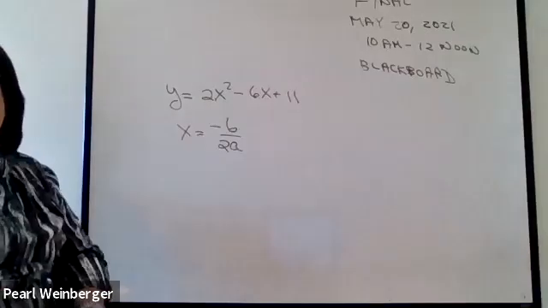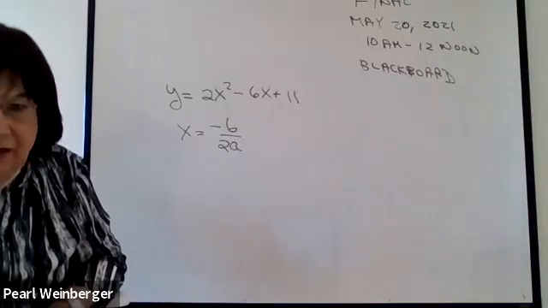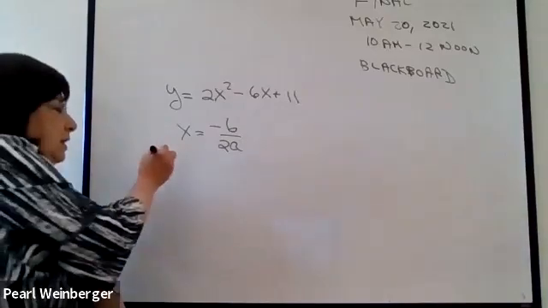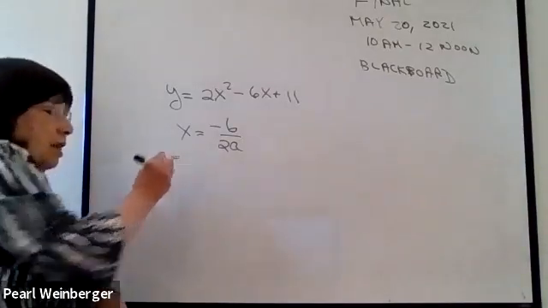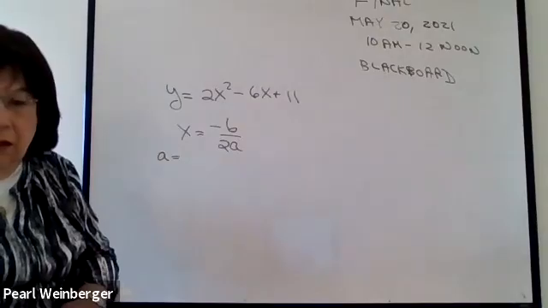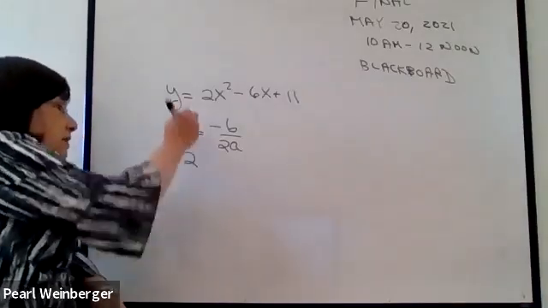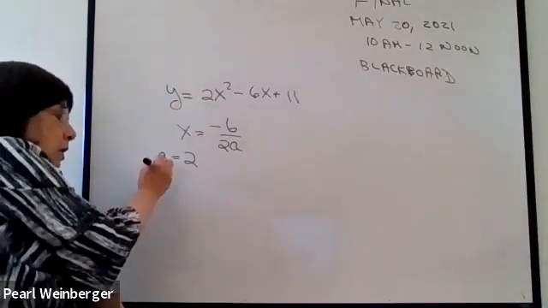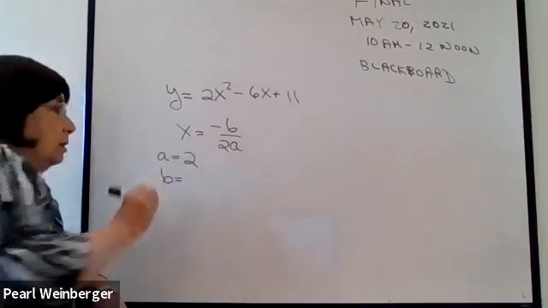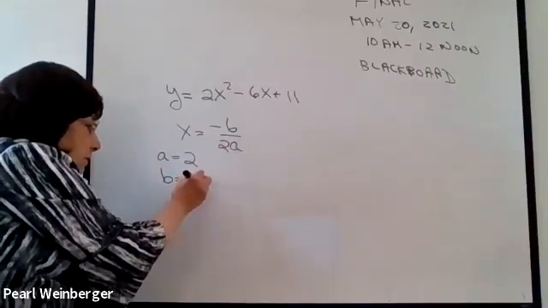Right. Thank you, Lucia. Okay, what is the a here? What is a in this particular problem? 2. a is 2, because that's the number in front of the x squared. And what is b? Negative 6. Right, that's what's in front of the x, which is negative 6.